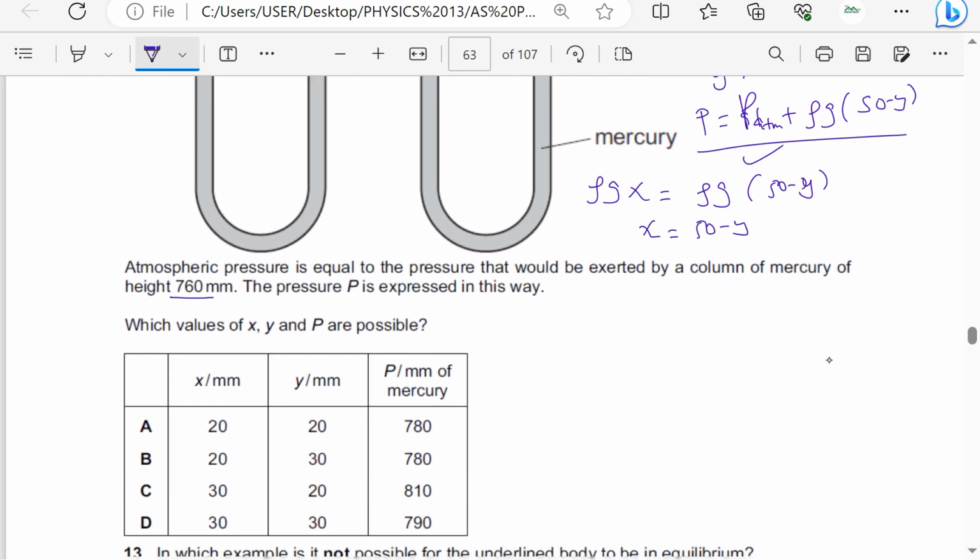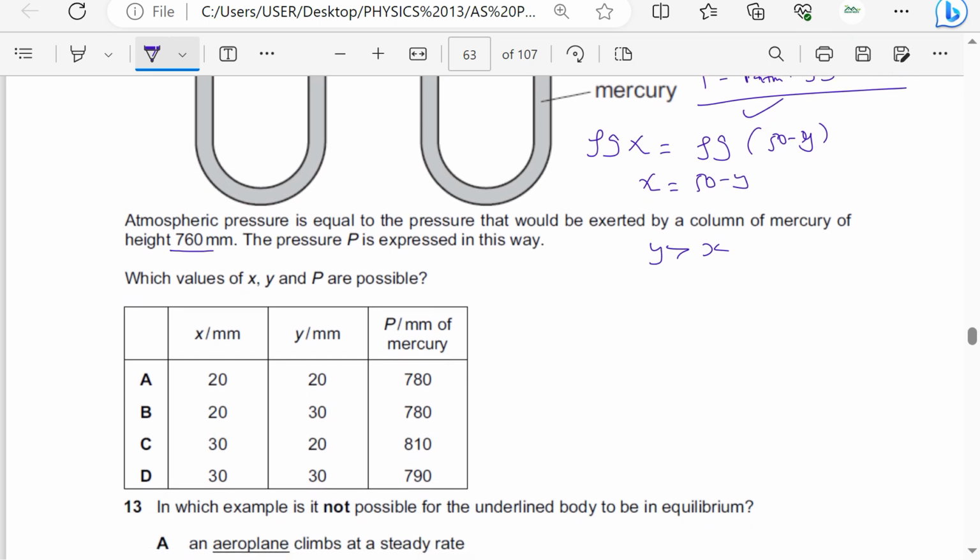But we notice from the diagram that y should be greater than x. So this option is showing that they are the same, and these ones are not adding to 50. We have to choose between B and C. Remember, y is greater than x, so the answer is going to be B.